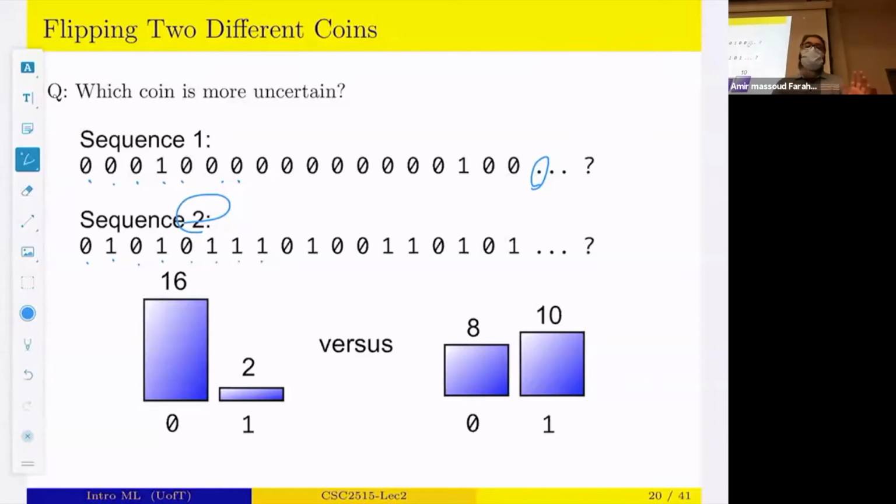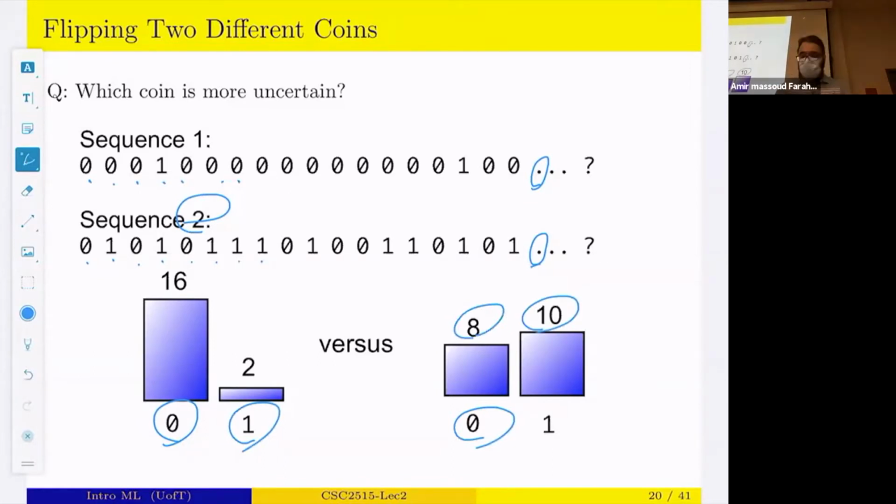Okay, but what about the second coin? Do you agree that you are less certain about what is the next outcome here? It can be 0 or 1. If you measure the number of zeros and ones in this sequence, the first sequence has 16 zeros and 2 ones, but the other one is 8 and 10.